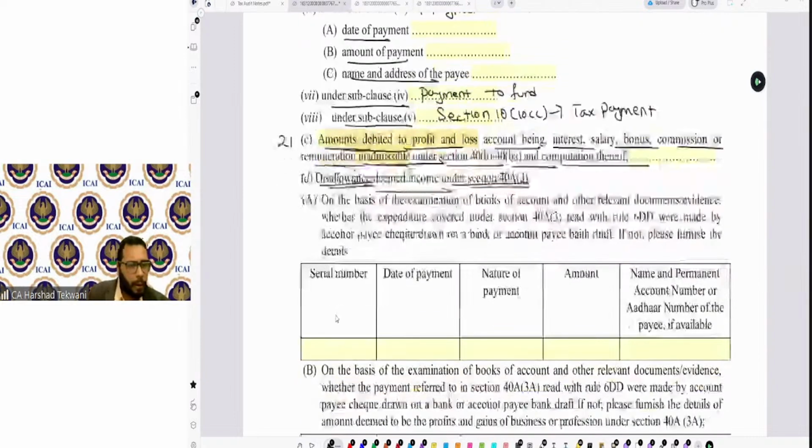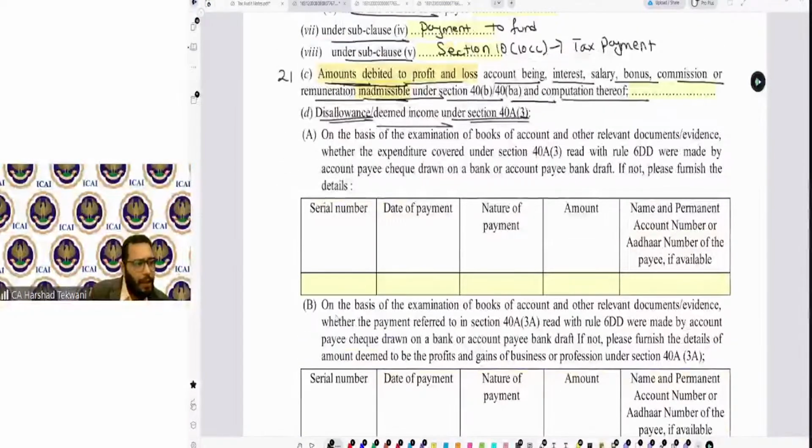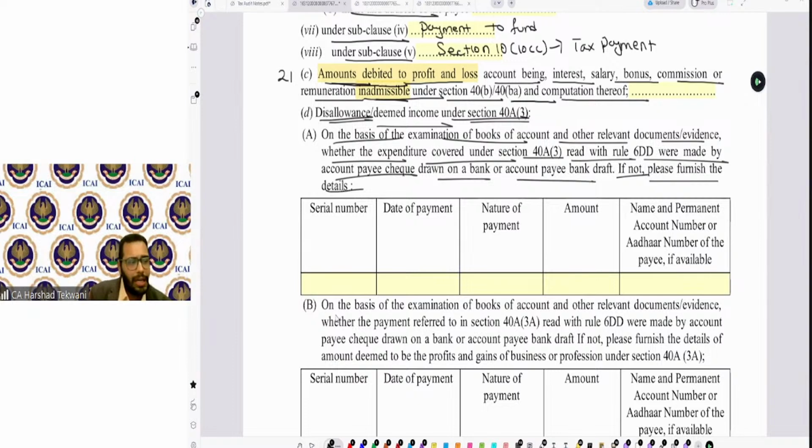So if you see here, on the basis of examination of the books of accounts and other relevant documents and evidence, whether the expenditure covered by 40A(3) read with Rule 6DD were made by account payee cheque or drawn on a bank account payee draft. If not, then furnish the details. What are the details? Date of payment, nature of payment, amount, and name and permanent account number, that is PAN, and Aadhaar of the payee.